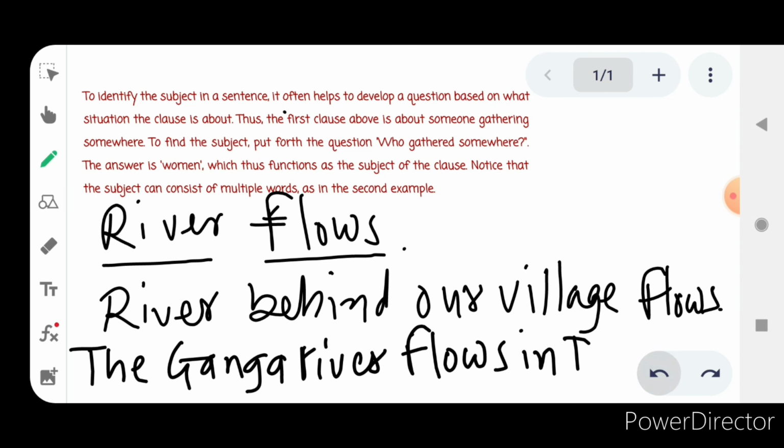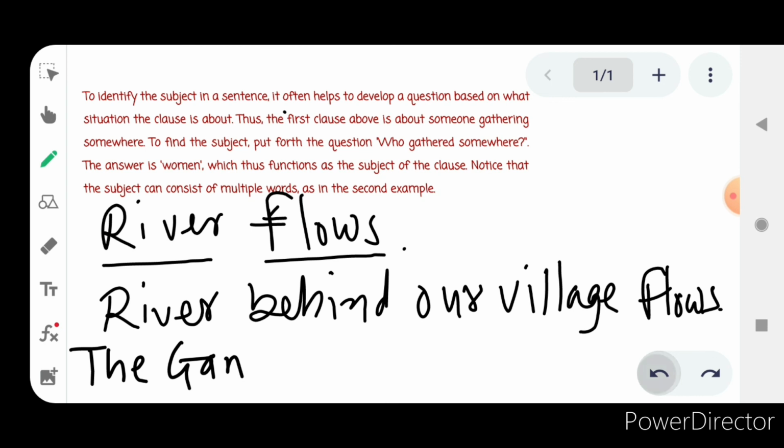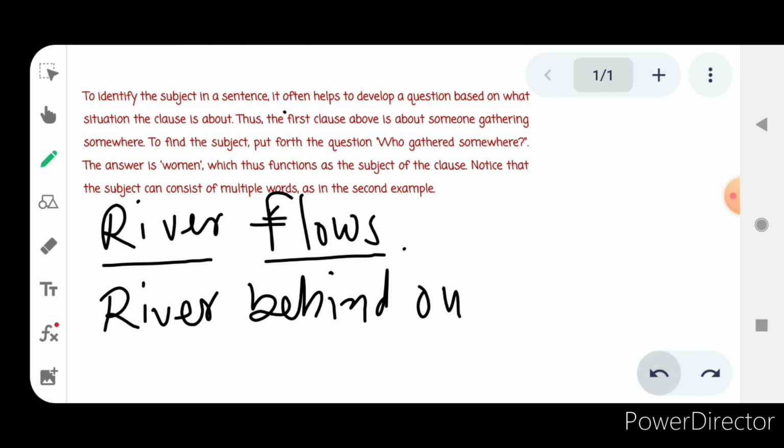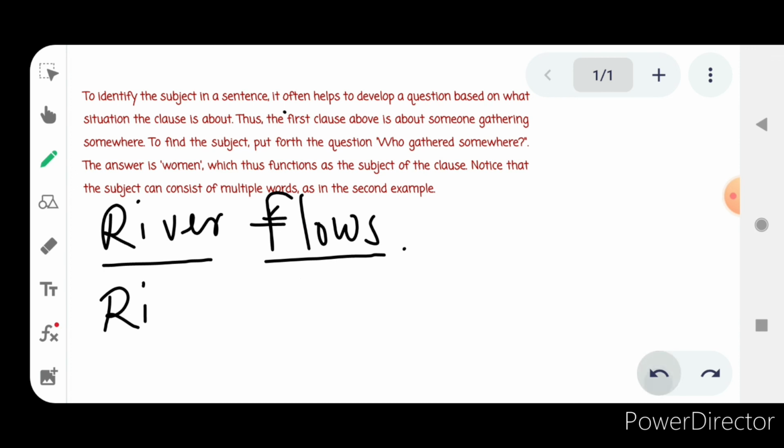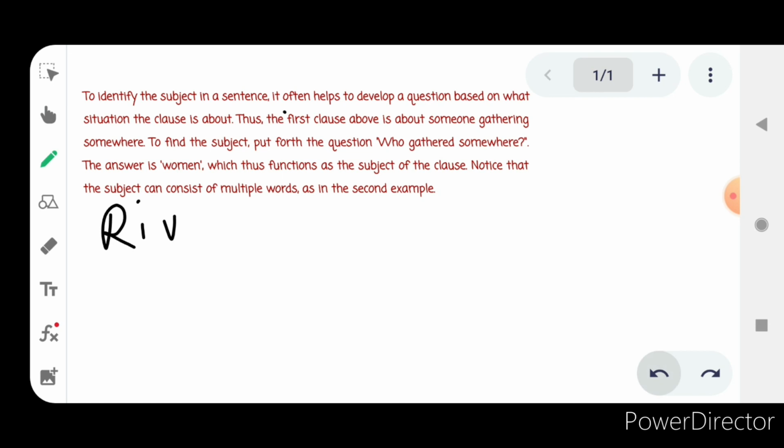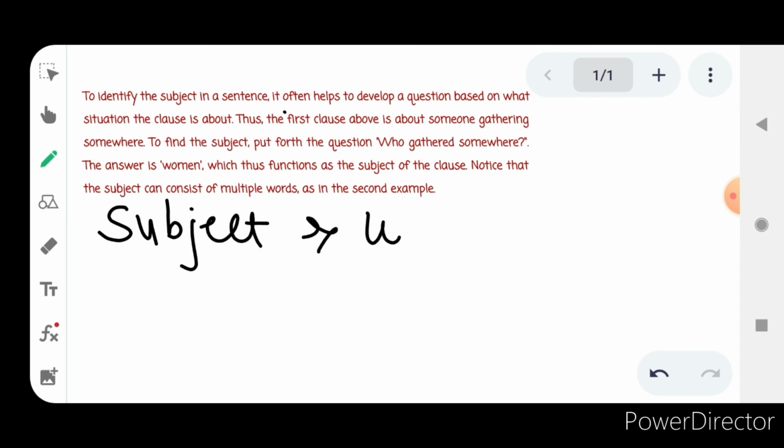Now for a few seconds, we'll revise what we have learned today. Out of the five clause elements, we have learned the first element, that is the subject, in today's lecture. And subject can be identified by asking the question who to the verb.